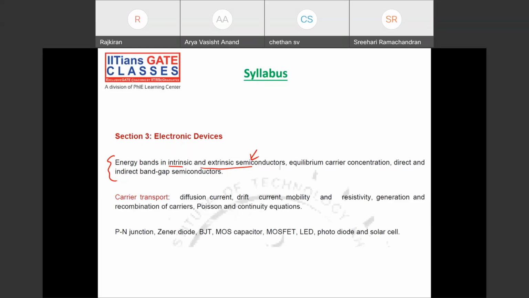Then we will understand what is called equilibrium in a semiconductor. This word will come to you very often, so we need to understand what this equilibrium is.